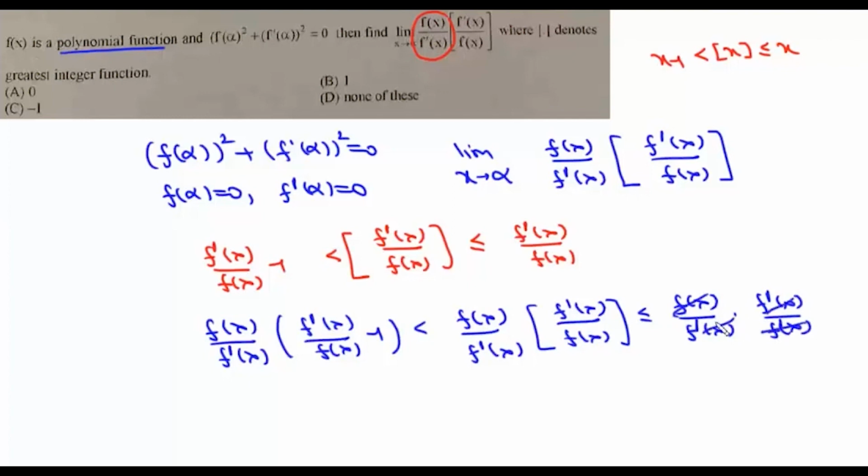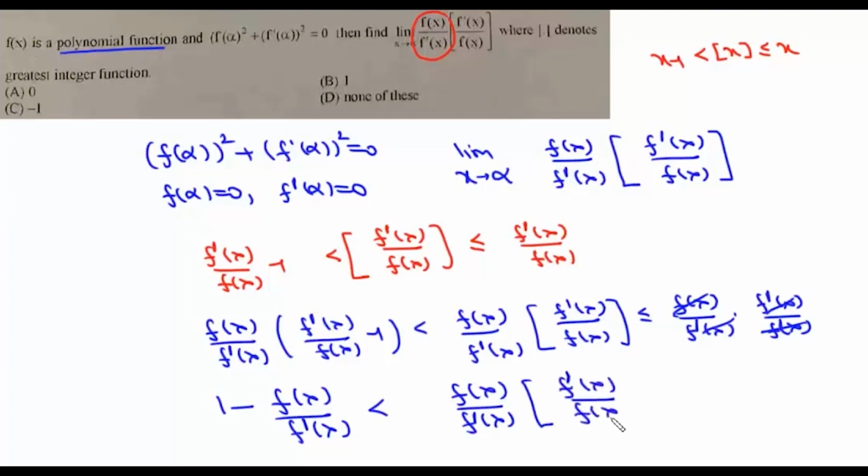Now I'll cancel. Here this first part will cancel. So we'll get this as 1 minus f(x) upon f'(x) is less than f(x) upon f'(x) into the greatest integer function of f'(x) upon f(x), that is less than or equal to 1.